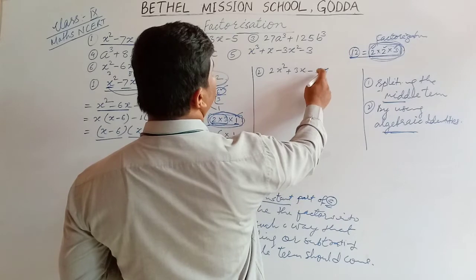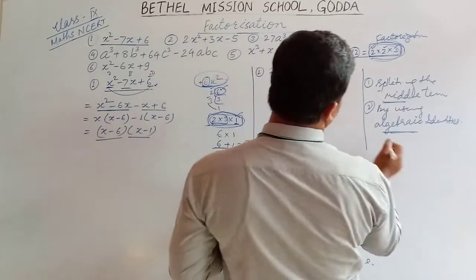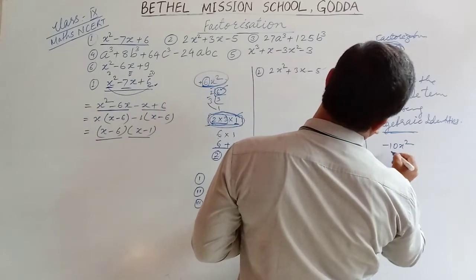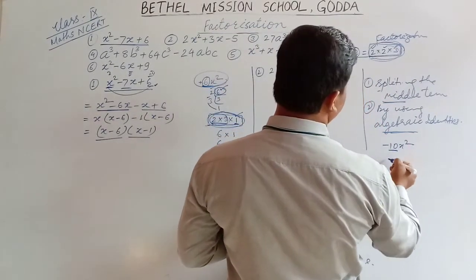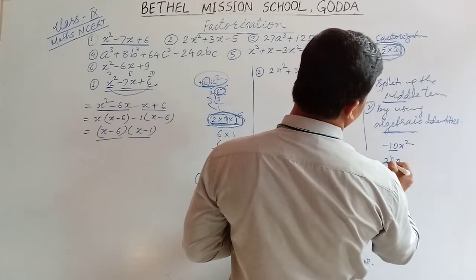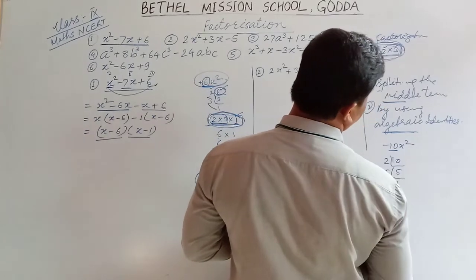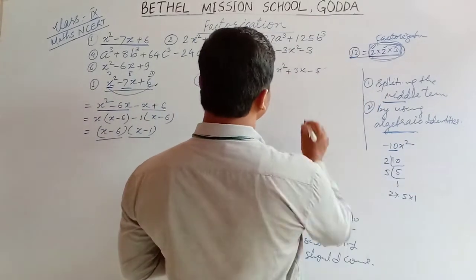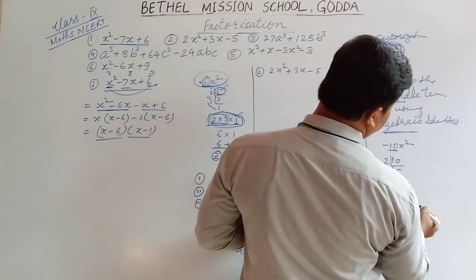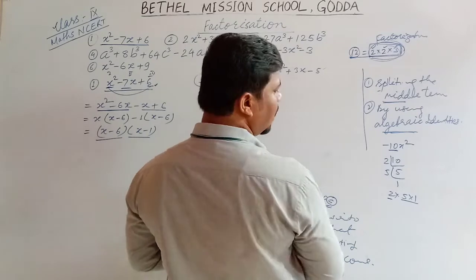When you multiply minus 5 into 2x square, 5 twos are 10, minus 10x square, and the coefficient of x square is 10. So we will factorize this 10. 2 fives are 10 and 5 ones are 5. So 2 into 5 into 1. Now 5 into 1 and 2 we will take, because 5 minus 2 will get 3.